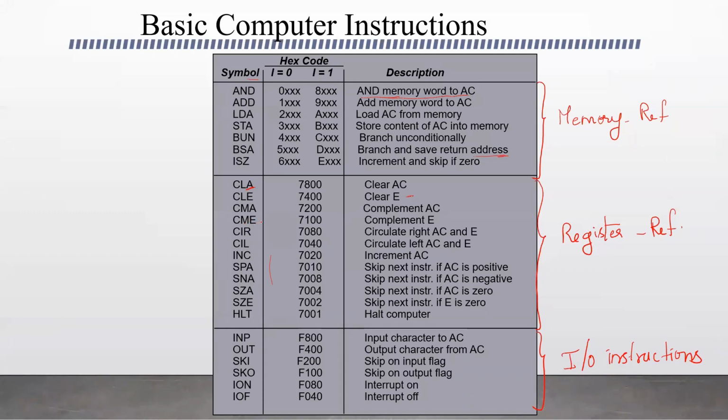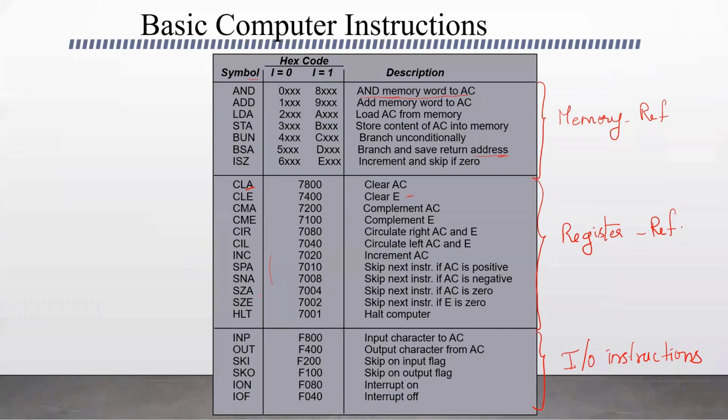CME is to complement the flip-flop, the carry stored in E. CIR is the operation that circulates right AC and E, meaning circular shift right of the content of AC and E. And the CIL instruction circular shifts left the content of AC and E. The instruction INC is to increment the content of AC.